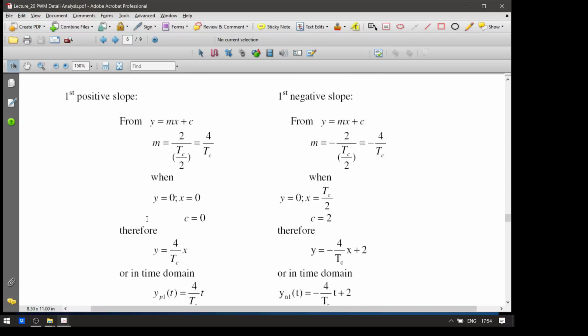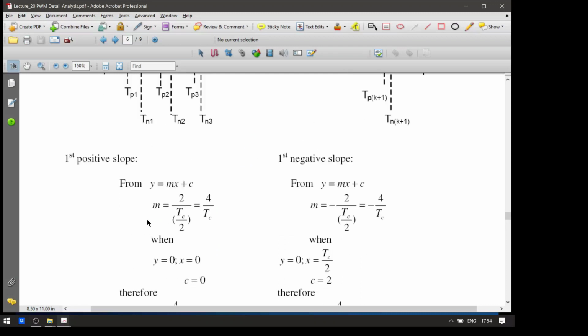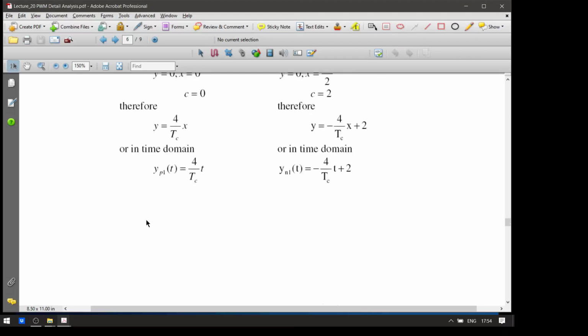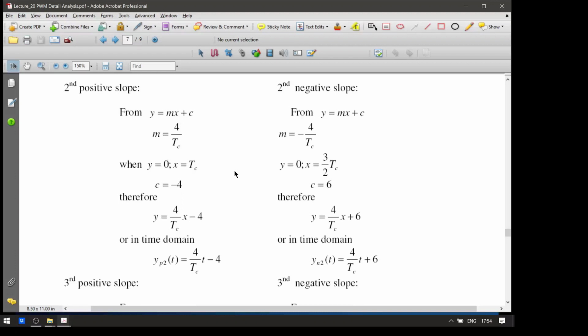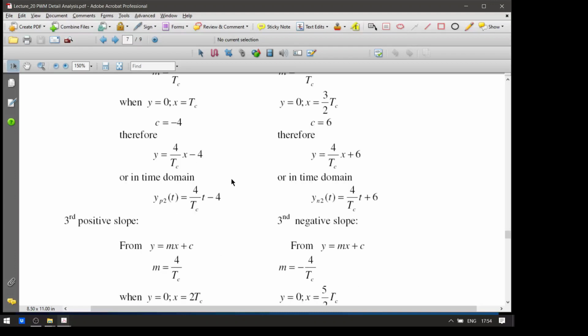And then we proceed with the first negative slope, and then finally you have yn1 equals 4 over Tc times t minus 4 over Tc... And we proceed with the second positive slope, second negative slope. I'm not going to go through this, so you just refer back to the notes and look at how it is derived. Make sure that you understand it and can derive it from a blank sheet.